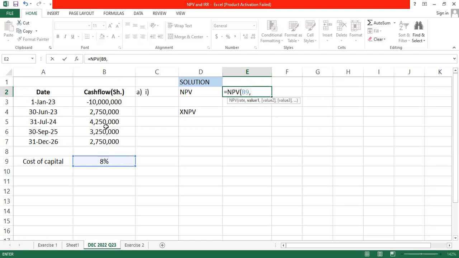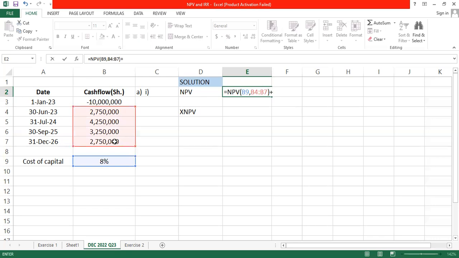The first cash flow, which is a negative, remember, is the initial outlay. So leave it out. Begin from the second value. And then, because you are picking all the values to the last, just highlight all. And then close the bracket.